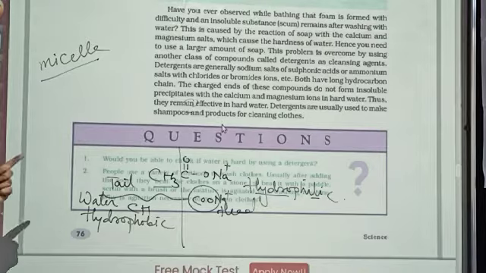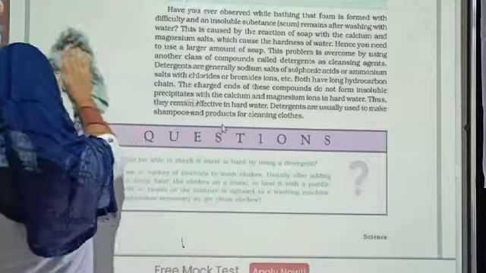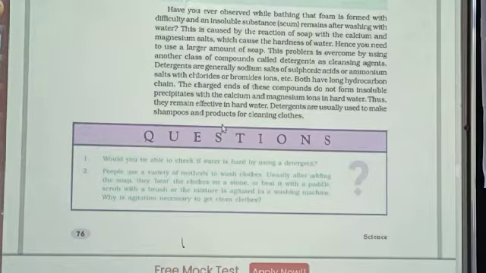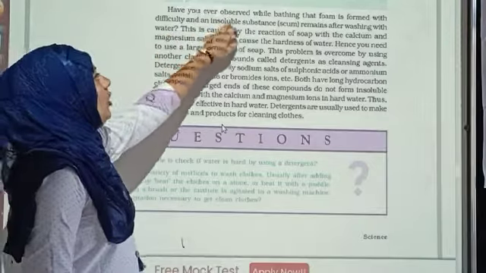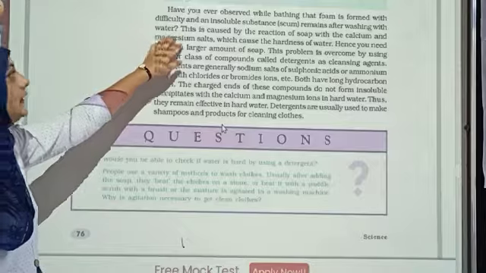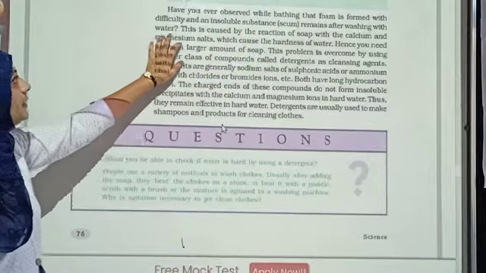Okay, the last thing which is very important to understand. However, observed while bathing, the foam is formed with difficulty, and insoluble substance scum remains after washing.